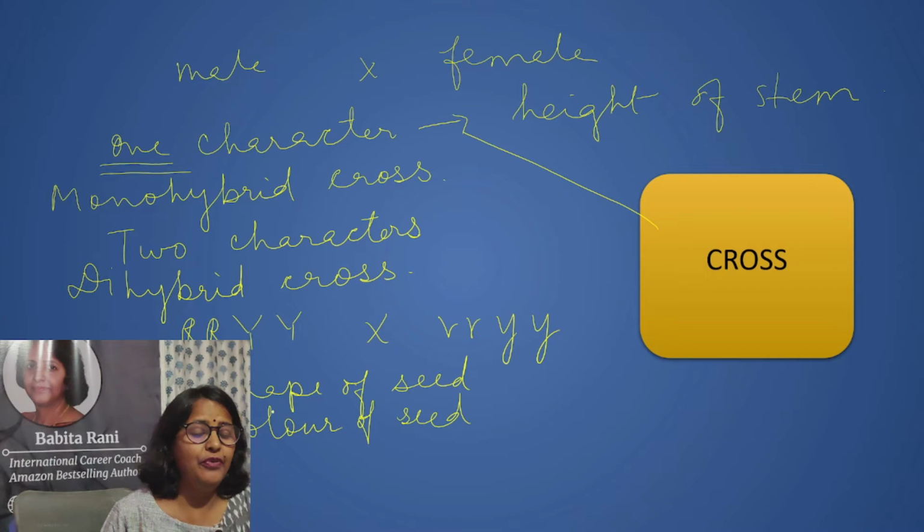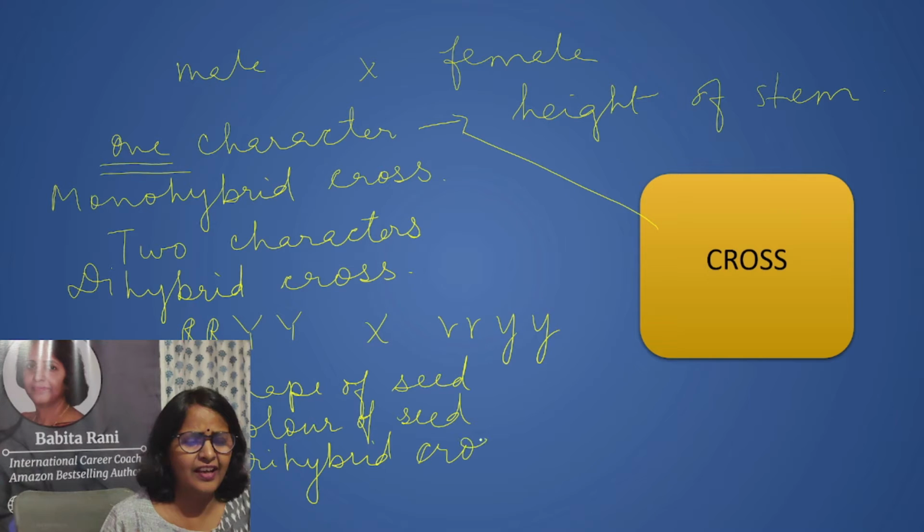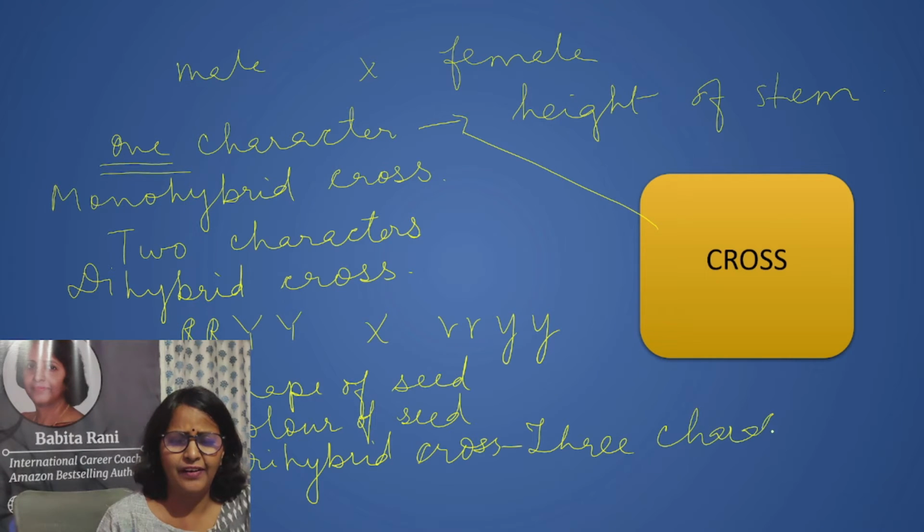We can study more characters also. We can have trihybrid cross also. If we study 3 characters at a time, it is known as trihybrid cross.